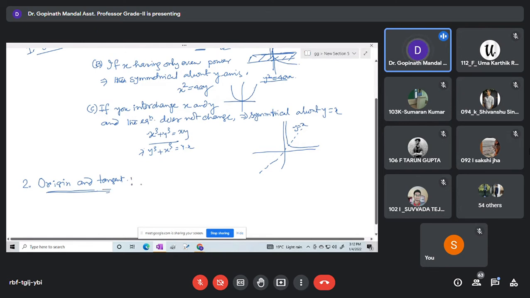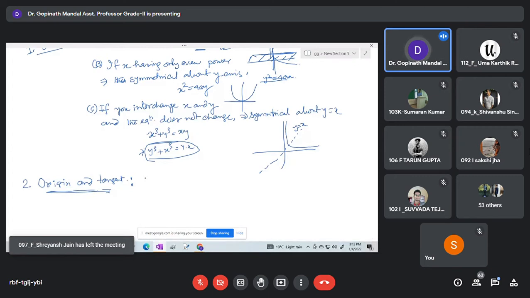So any curve without any constant term goes through origin. Suppose this is the curve x cube plus y cube equal to xy. There is no constant term, so it must go through origin. So if a given curve has no constant term, we can say that the curve is passing through origin.